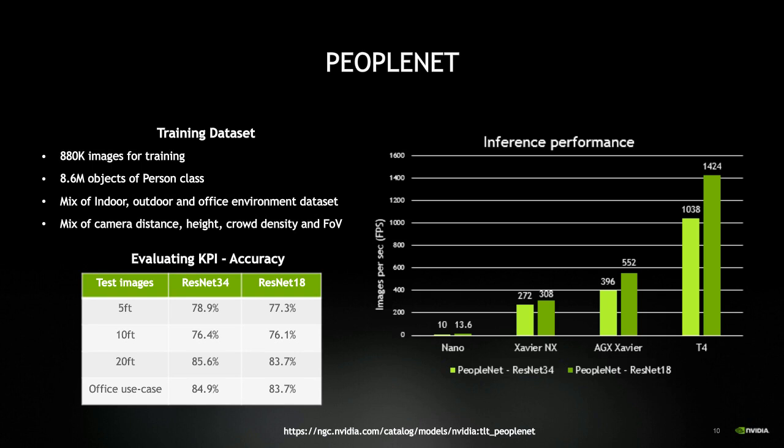The performance is using INT8 precision for inference. In general, the ResNet 18 model is about 30 to 40% faster than ResNet 34, with slightly less accuracy. This gives developers the option to choose between a higher accuracy model or a higher performance model. You can get more details on the model from our model card on NGC.